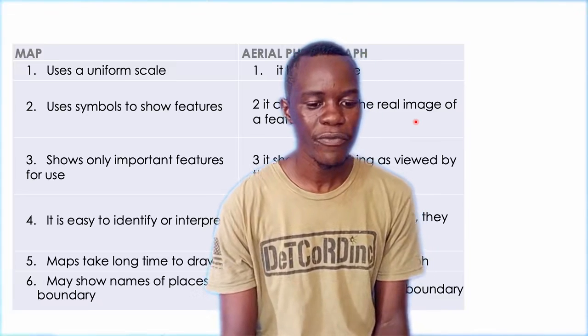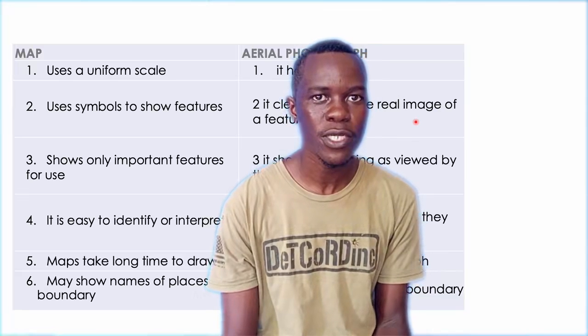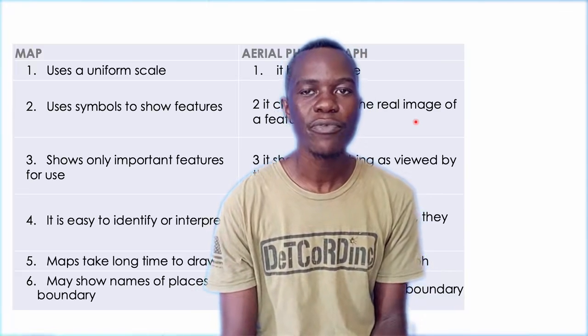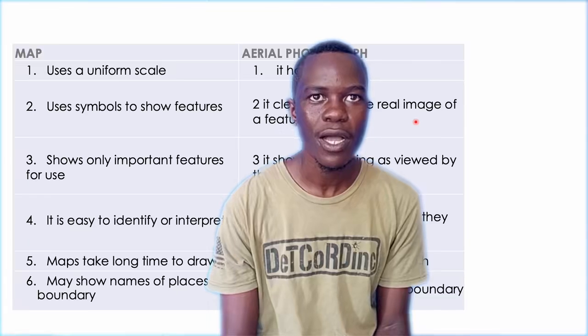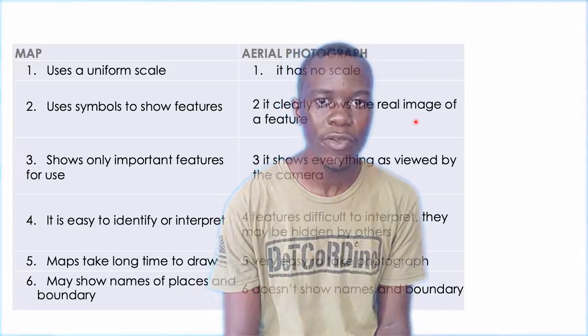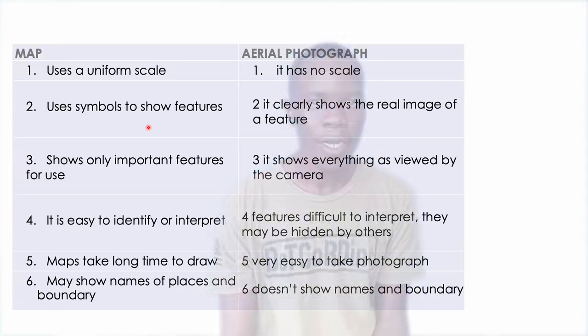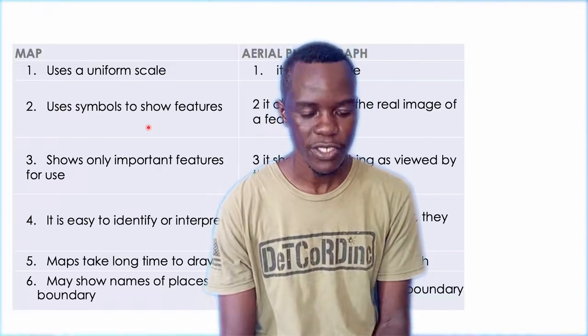So for example, you might have an aerial photograph where you took it at the background where there is vegetation, it means you have the pure vegetation, you have the trees maybe in that particular picture. That is in an aerial photograph. But when you look at the map, when you want to present vegetation, you use symbols to present the vegetation.